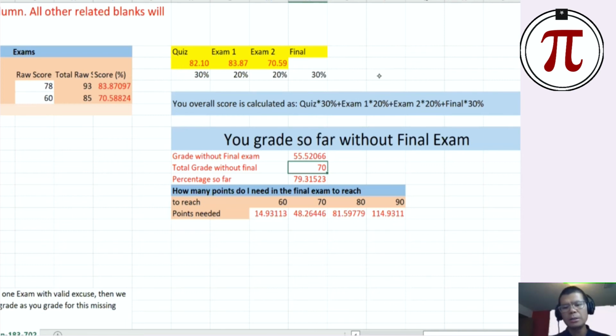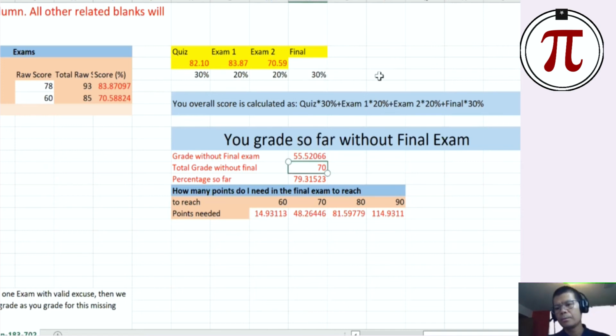Added up, you get the grade without the final exam. For me, I got 55.52066. The total grade without final is 30%, so all the others is 70%.